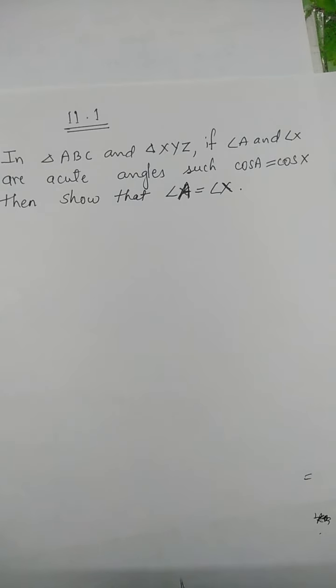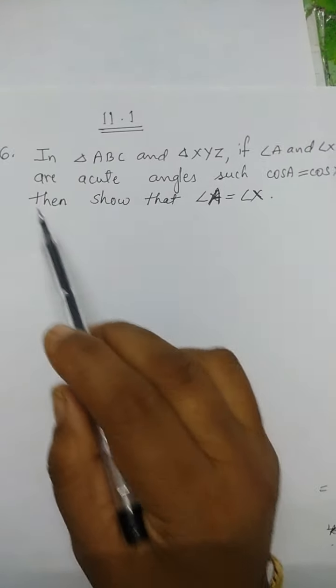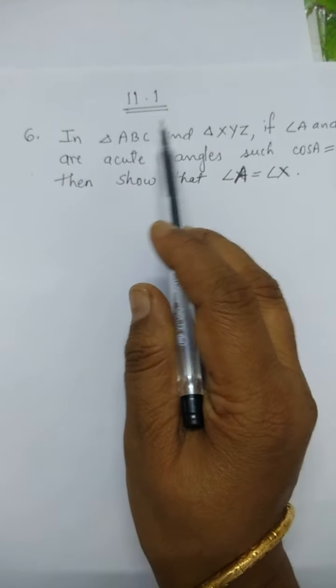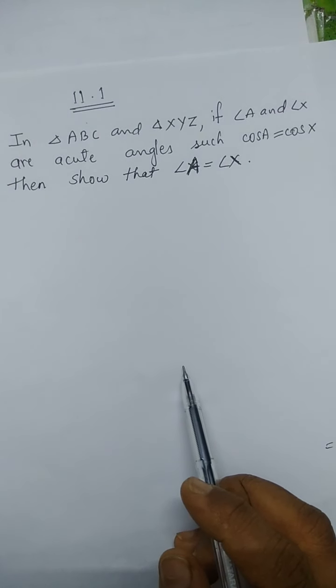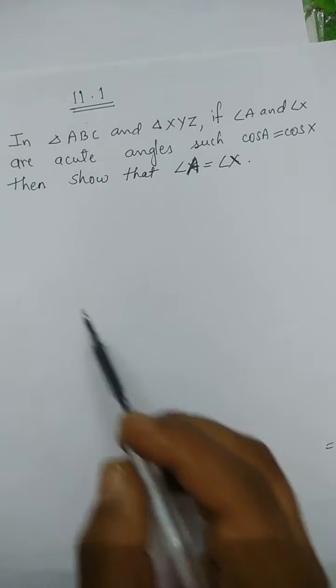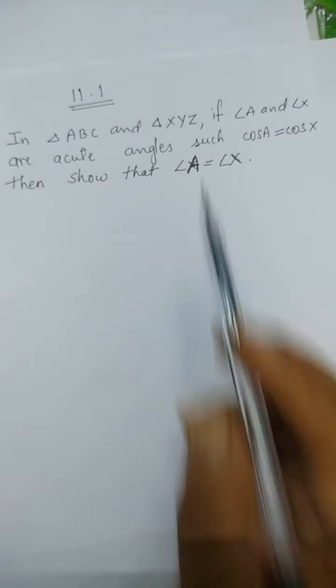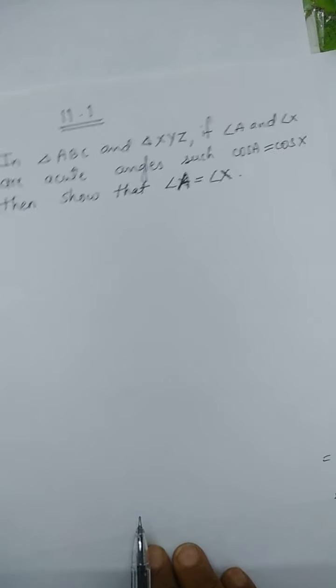Similarly, you have to solve this sixth example from exercise 11.1 of Telangana SSC syllabus textbook. So here triangle ABC and XYZ are given. Let us draw the triangle.